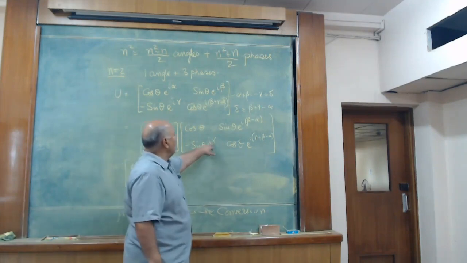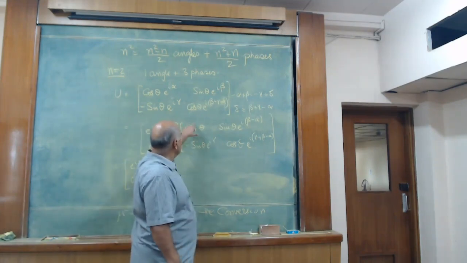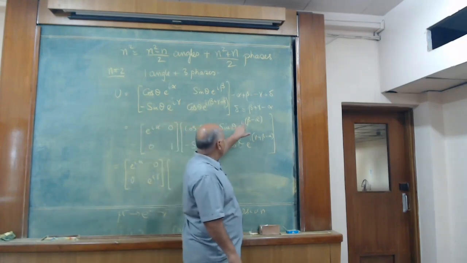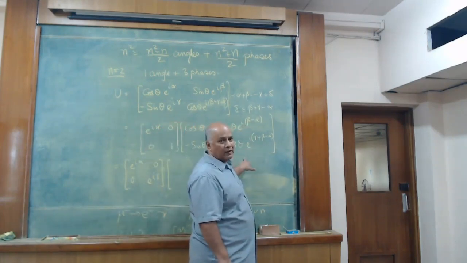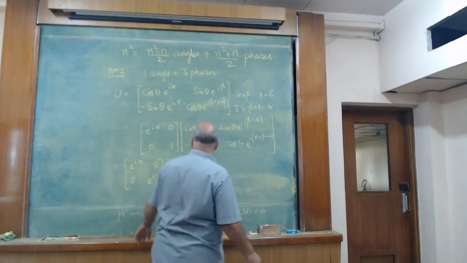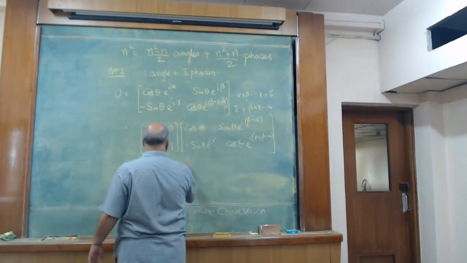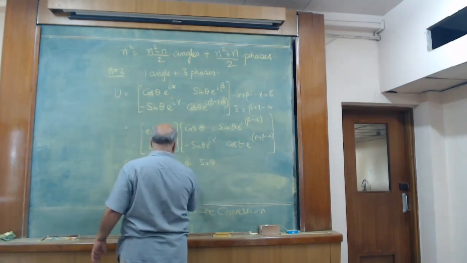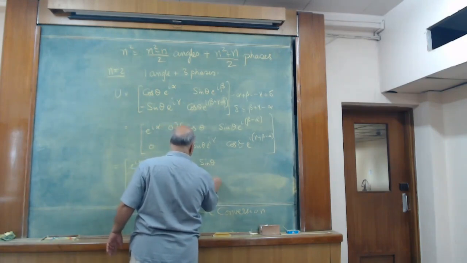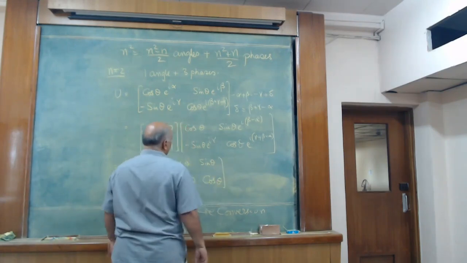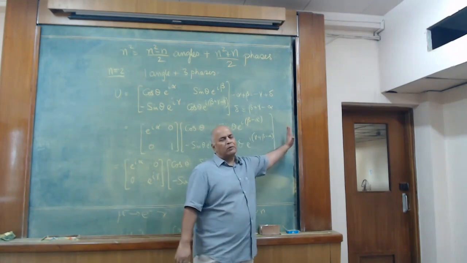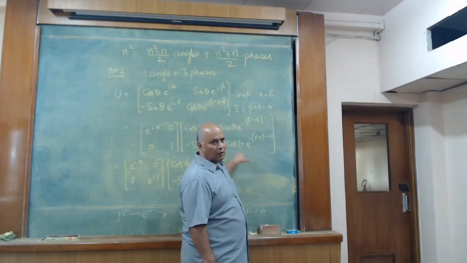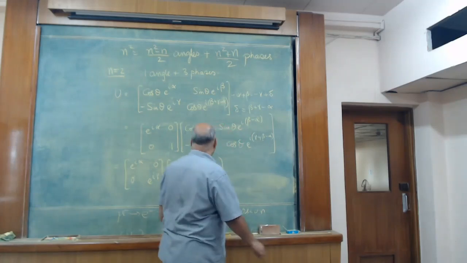If I pull e power gamma out, you see that the phase here is 0, phase here is 0. Phase here is beta minus alpha, phase here is beta minus alpha. And now this phase I pull out on the right hand side. The common phase of the second column I pull out on the right hand side.